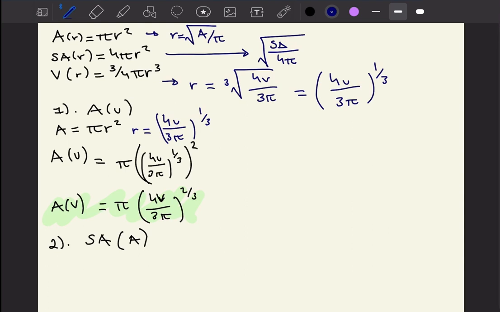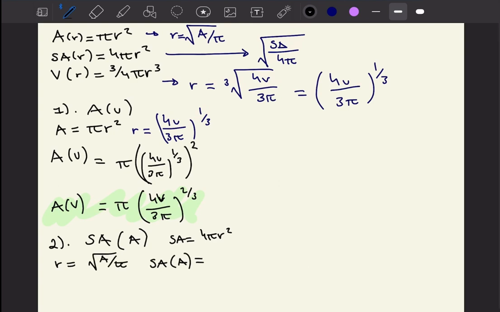All right, so our surface area, we know that our surface area is equal to 4 pi r squared. We also know that r in terms of area is equal to square root of a over pi.